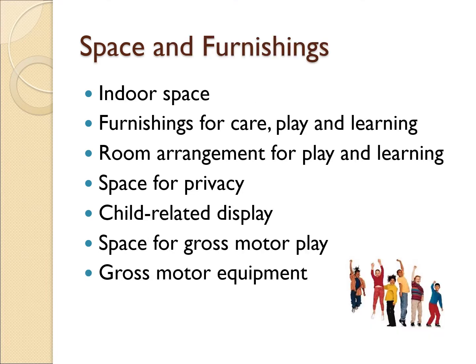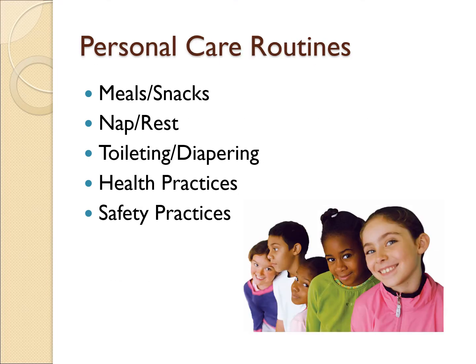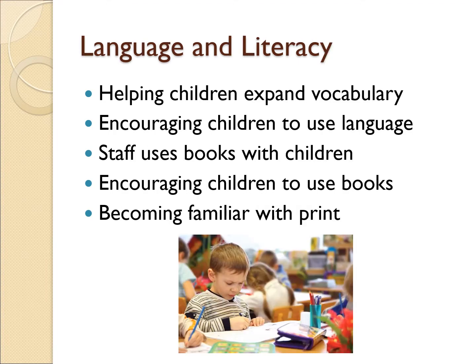Under space and furnishings, you can see that there are 7 different items. Indoor space is one, space for privacy, gross motor equipment is another. In personal care routines, there are 5: meals and snacks, nap and rest, toileting, diapering, health and safety practices.